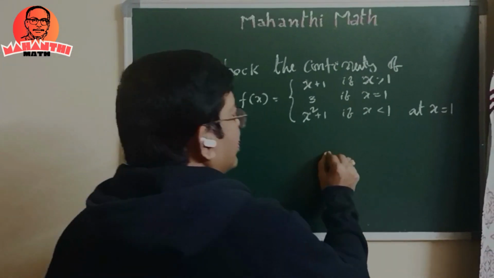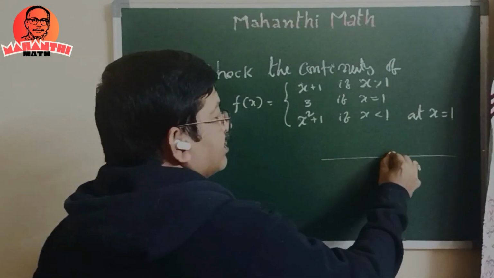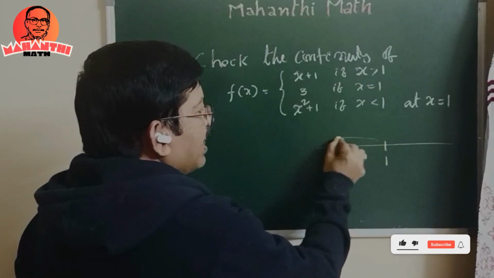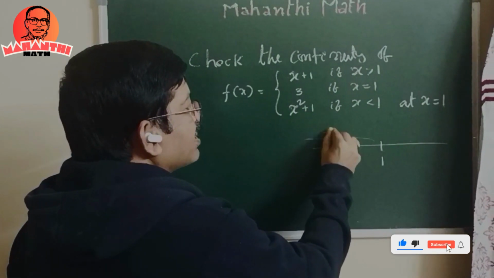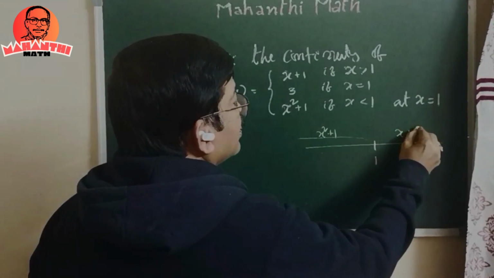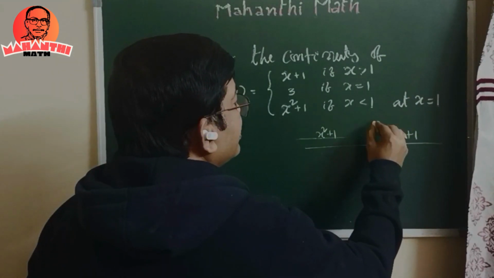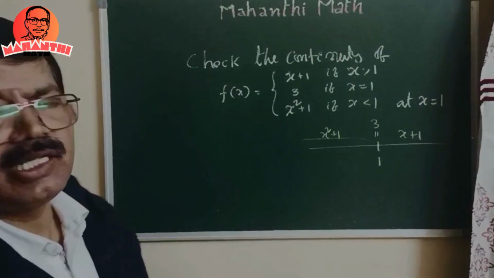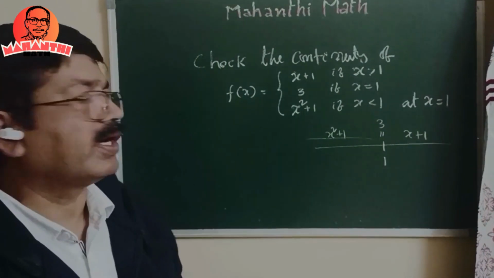If you take the number line, the breaking point is 1. Left side to 1, x less than 1, it is x square plus 1. Right side to 1, it is x plus 1. Exactly at 1, it is 3. If you write like this, you can clearly find LHL and RHL.